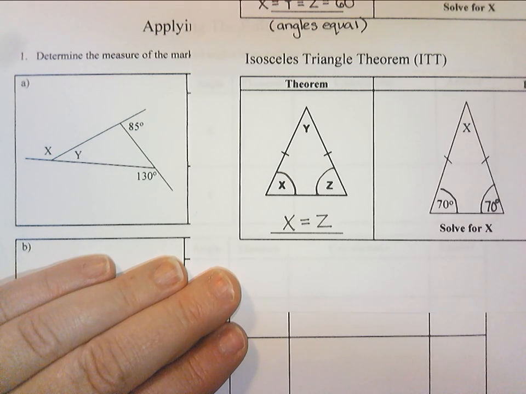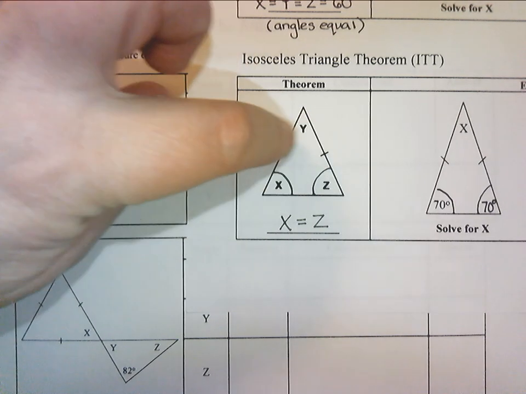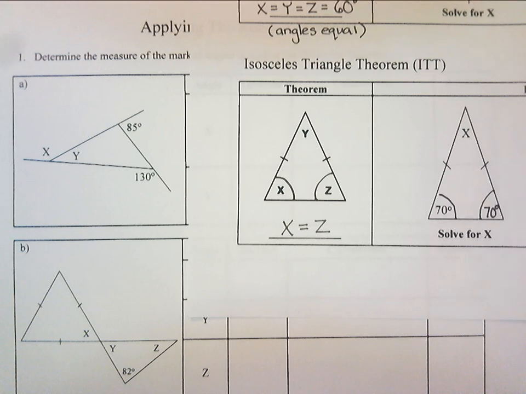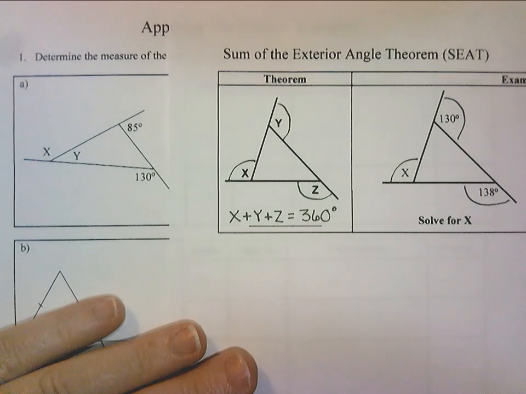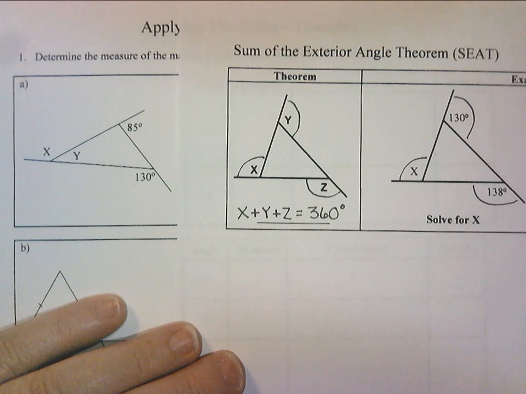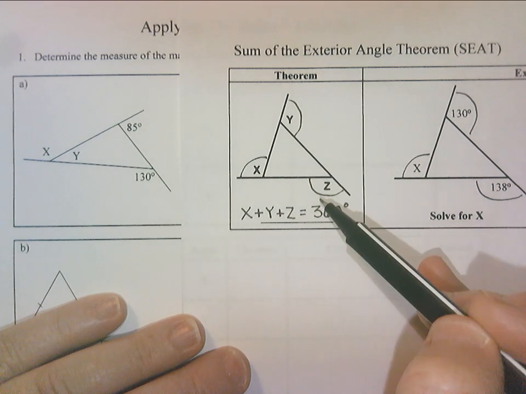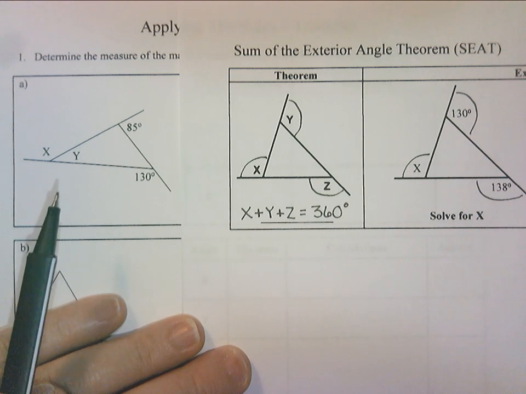ITT is our isosceles triangle theorem. Same thing, it has tick marks showing that 2 of those sides are equal. I do not have that here. And then our last one is our SEAT, or the sum of the exterior angles theorem, where we have our angles on the outside of the triangle, and that is what I am seeing in this picture.